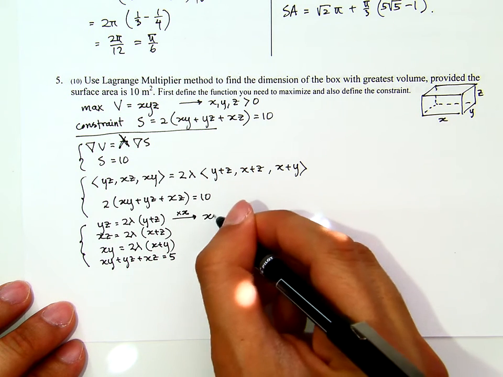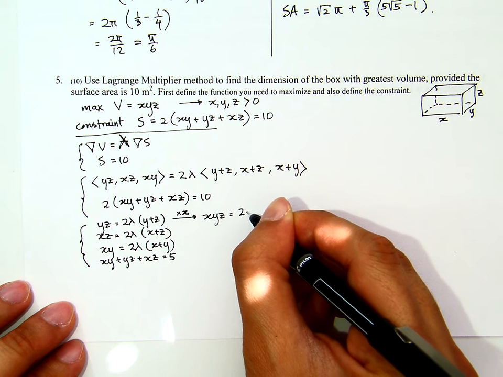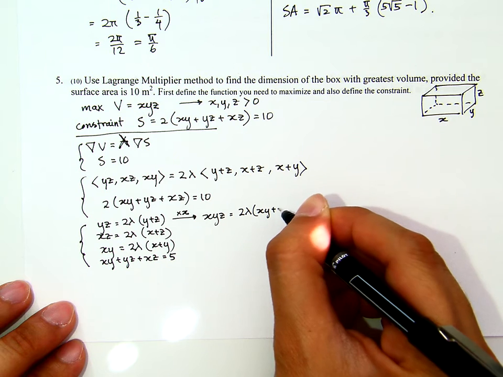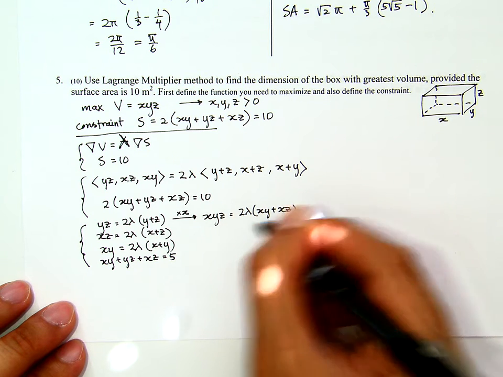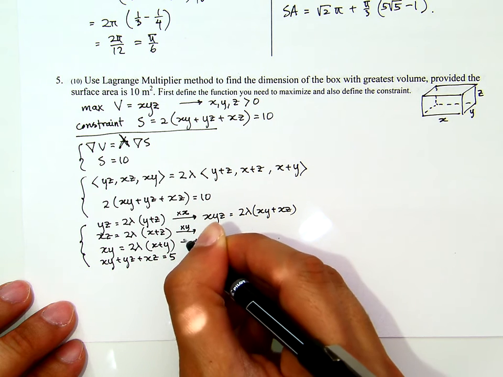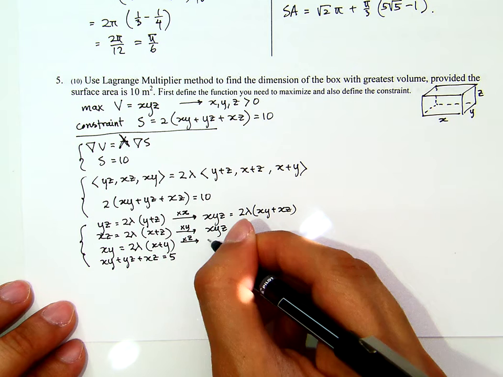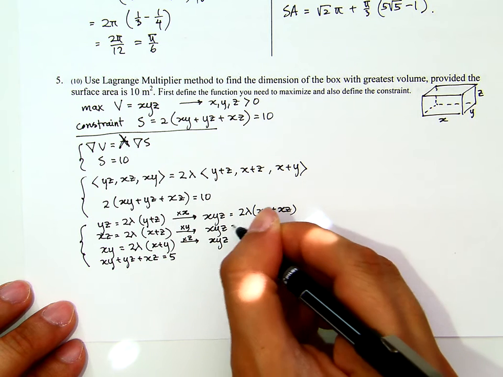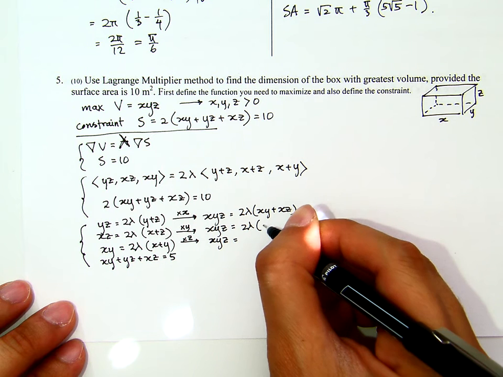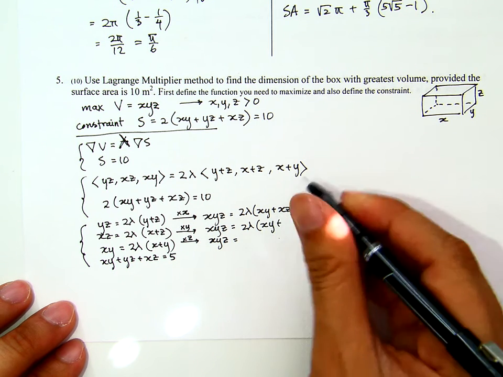I get xyz equals 2 lambda (xy plus xz), and I will do likewise for the second and the third. Why? Because I want to have xyz on the left hand side, and my plan is later on to equate the right hand side.